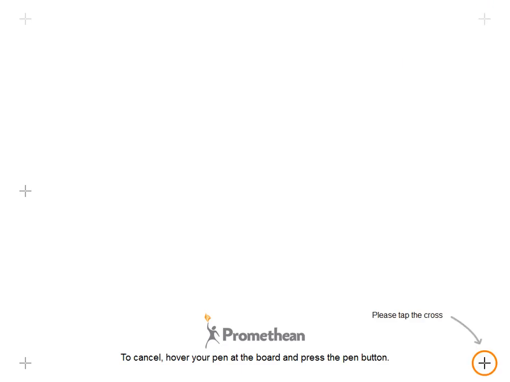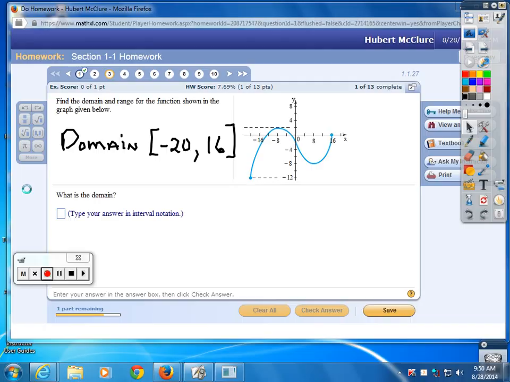These dots right here, see them? They are closed. They're solid. So therefore, you're going to have brackets on the end of your domain. Now, what's your range? Well, right quick, I'm going to change the color of this.